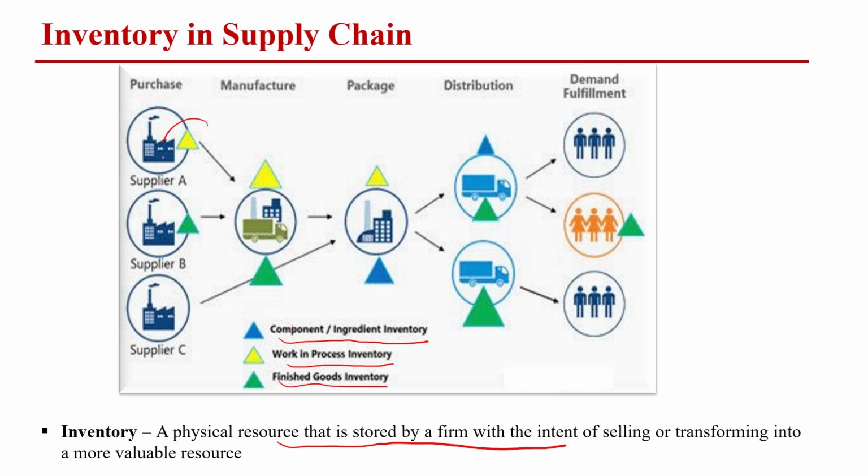As you can see, we have work in process inventory at different levels of the supply chain. In this course, first I am going to discuss how we can manage inventory within the supply chain, and once we go through all the models of inventory management, we will come back to production planning.